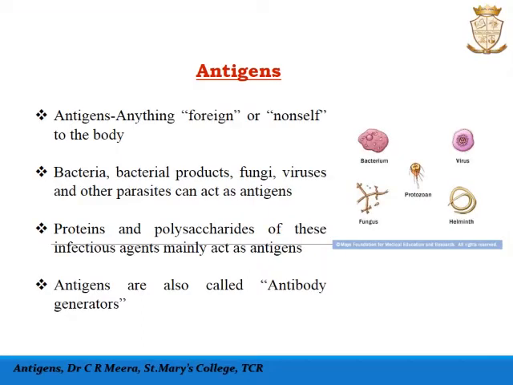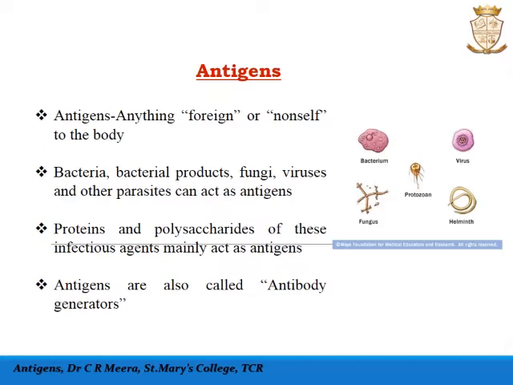Our immune system has the ability to distinguish between self and non-self molecules. Anything that is non-self or foreign to the body is considered as antigens. Once a foreign particle enters our body, a battle begins between that antigen and the host immune system.